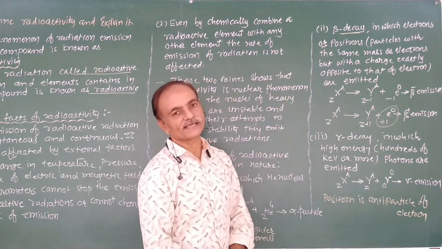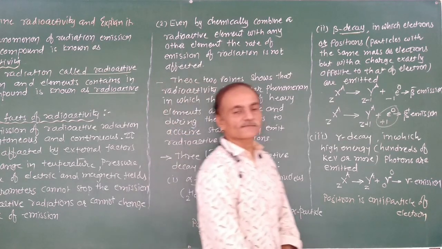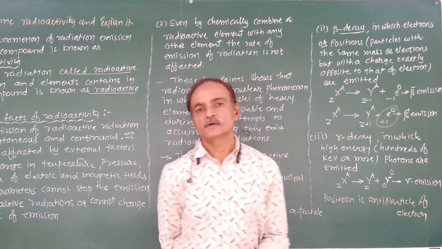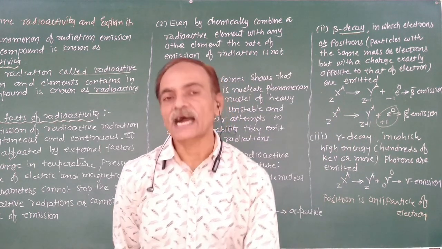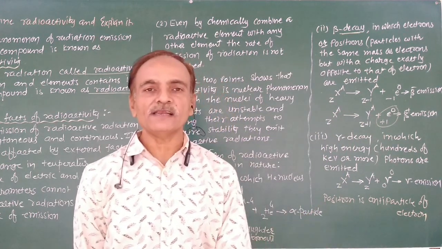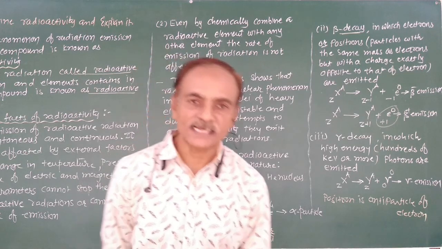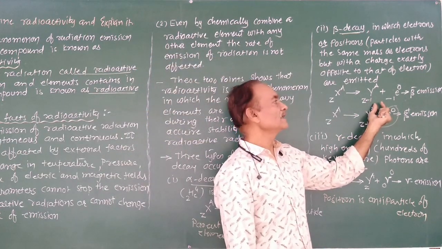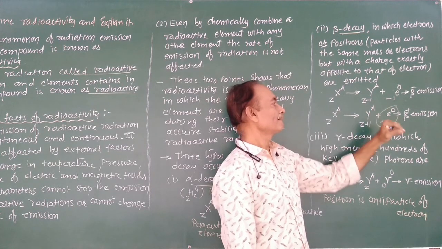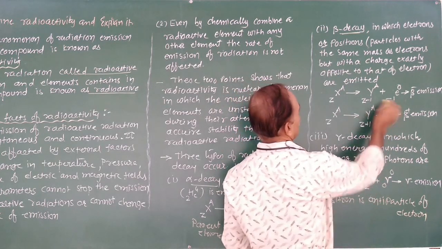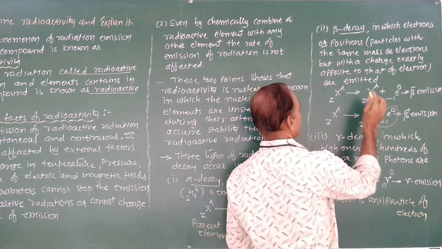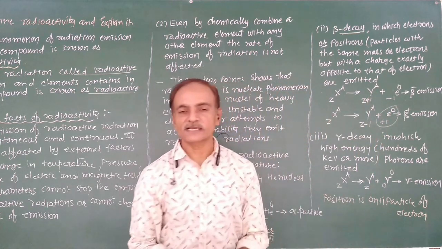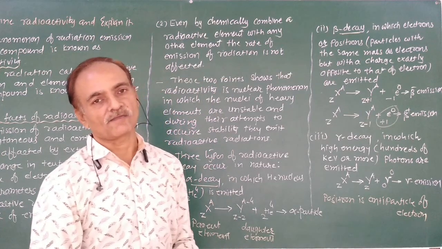During the beta decay, the atomic number of the daughter element is either decreased by 1 or increased by 1.